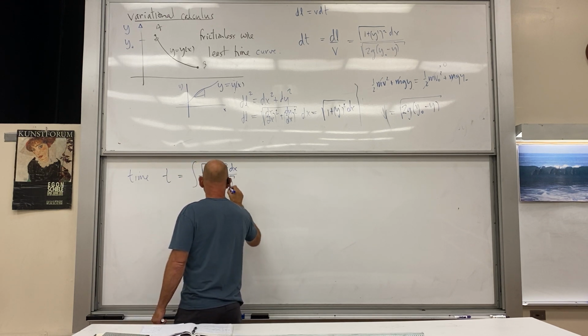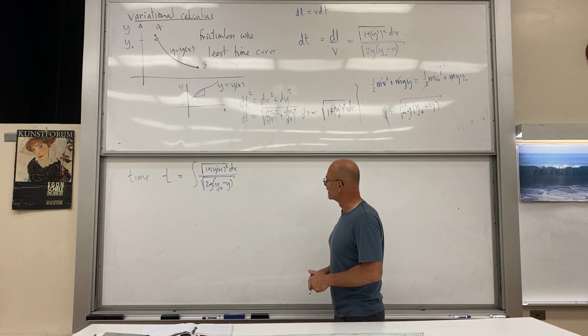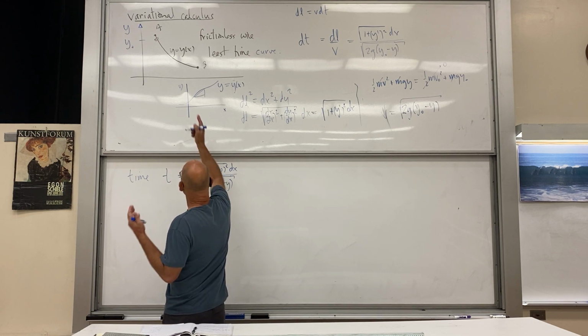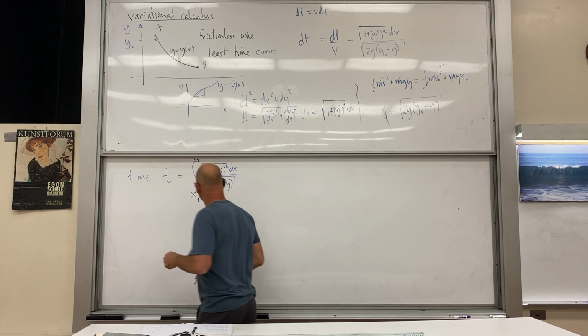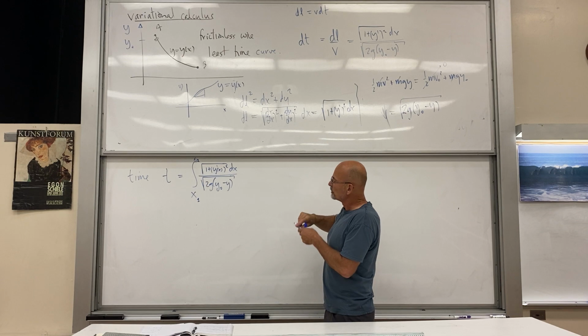Y is a function of x. I didn't have to actually write the argument in there. And we're going from x sub 1 to x sub 2, x sub a to x sub b. I'll just write x sub 1 to x sub 2. Fixed boundaries. And then you could bend that curve any which way.